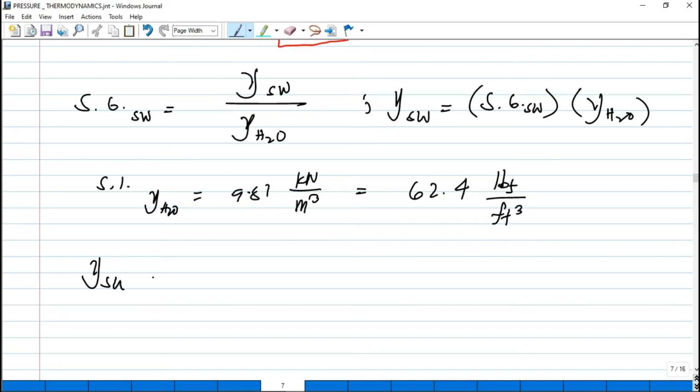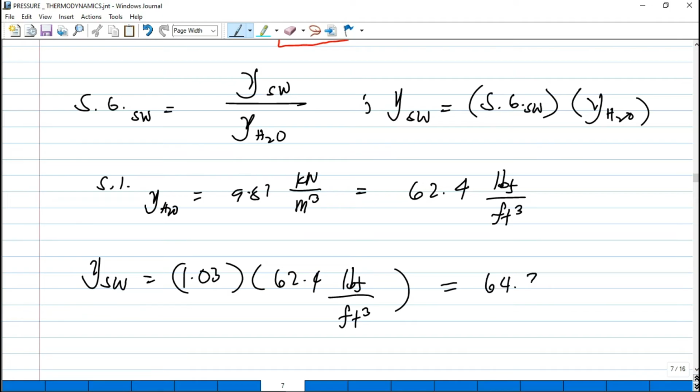Specific weight of seawater is SG of seawater, 1.03, times the specific weight of water, 62.4 pound force per cubic feet. So that is 64.272 pound force per cubic feet.